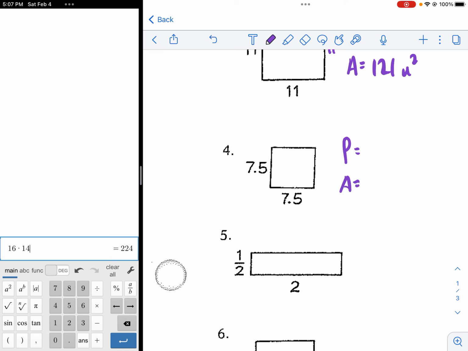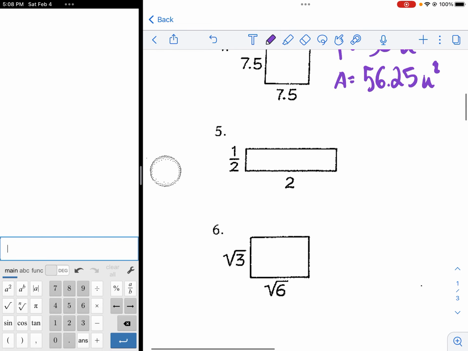The area would be 7.5 times 7.5, so I'll square that. That gives me 56.25 units squared. My perimeter would be 7.5 times 4, because it's a square. That gives me 30 units.